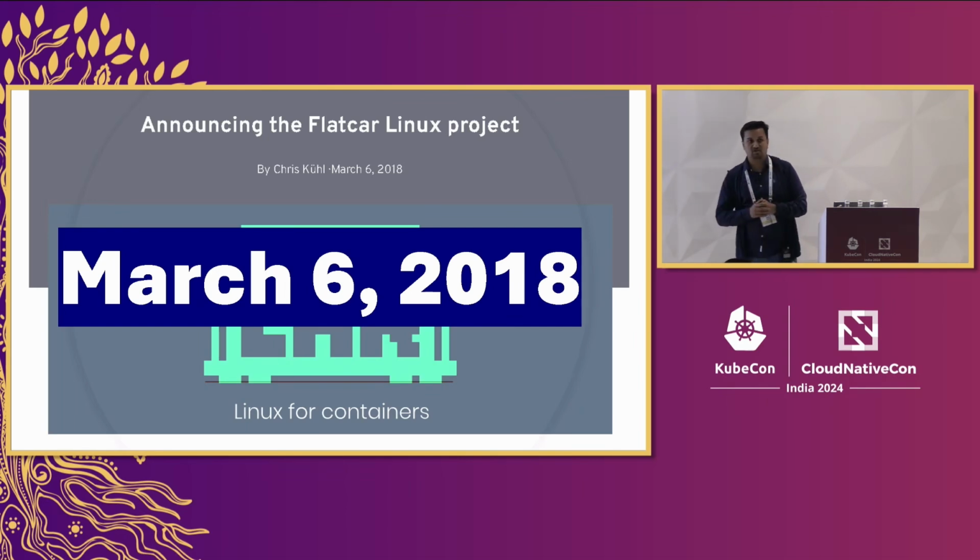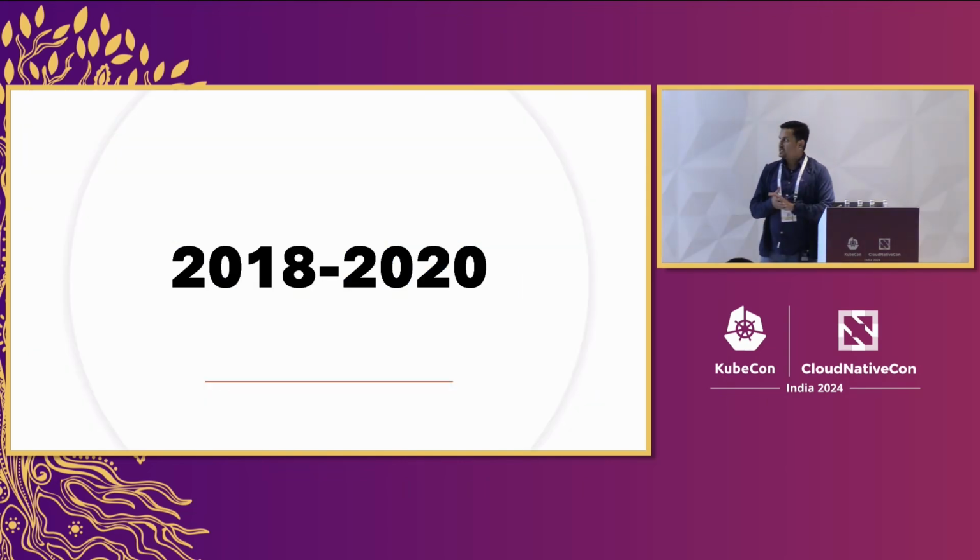It actually lists all the ideas that they had in much detail, but in the time frame of 2018 to 2020, nothing much happened. The Flatcar project was primarily ingesting all the changes that Container Linux was doing, because after the acquisition also, the Container Linux project was active for a long time.